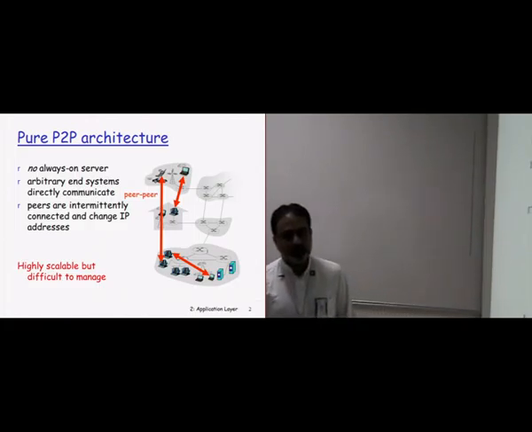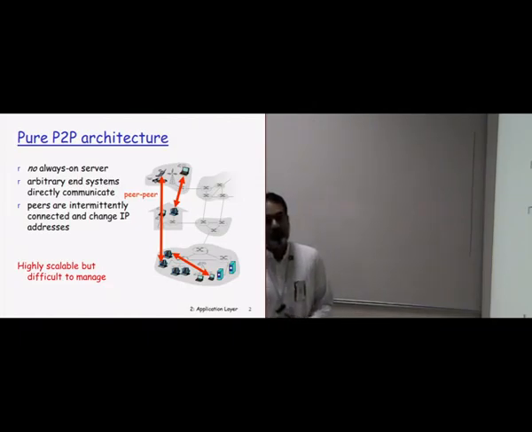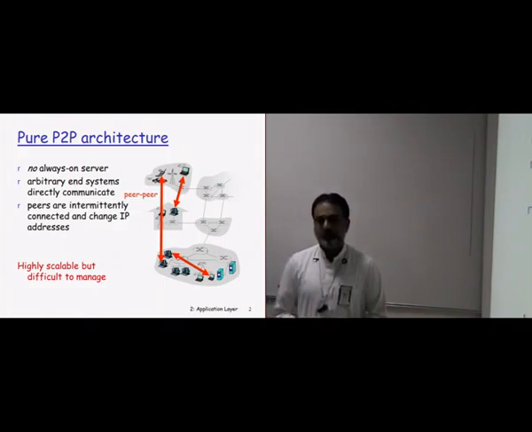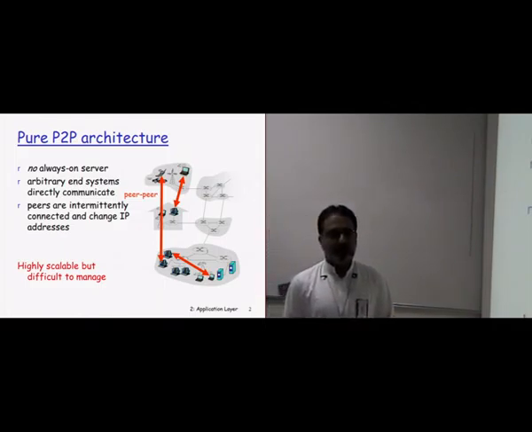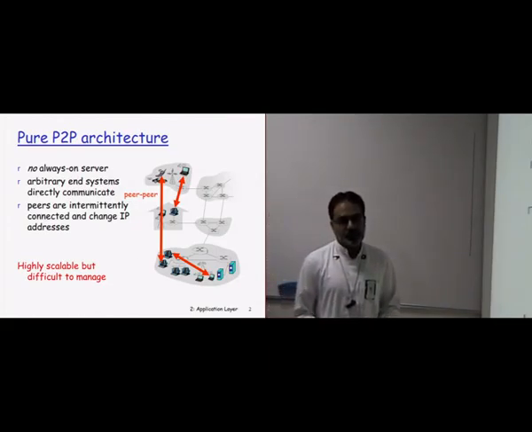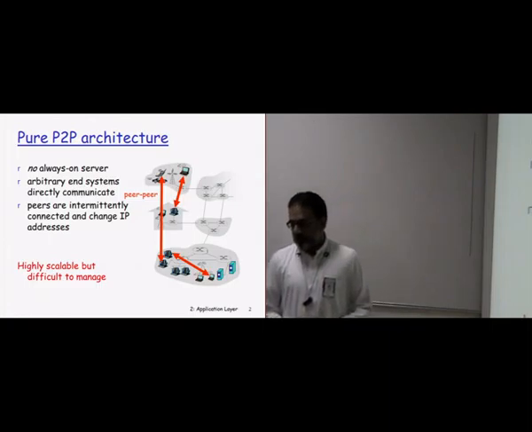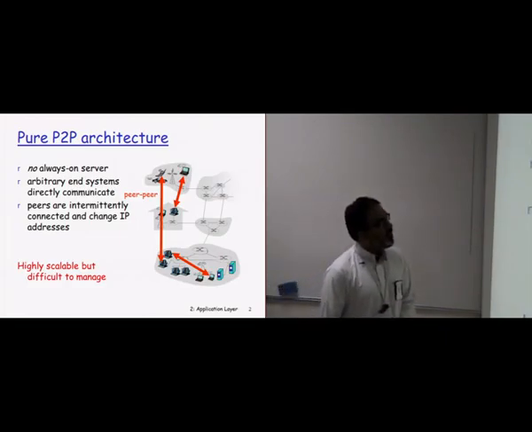So the connection between the computers, how it should be managed. If we talk about pure point-to-point architecture, have a look here at the hosts. If this host wants to communicate with this host, it is a P2P connection between the two hosts, or if this laptop wants to communicate with this desktop computer.